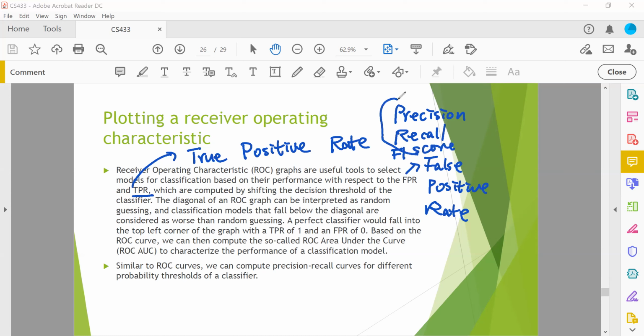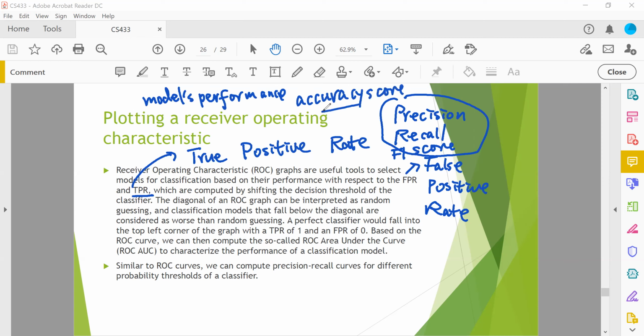When we discuss a model's performance, a lot of the time we use the accuracy score, but accuracy is not the only measure of performance. We also have precision, recall, F1 score. We went into detail about the true positive, false positive definitions.